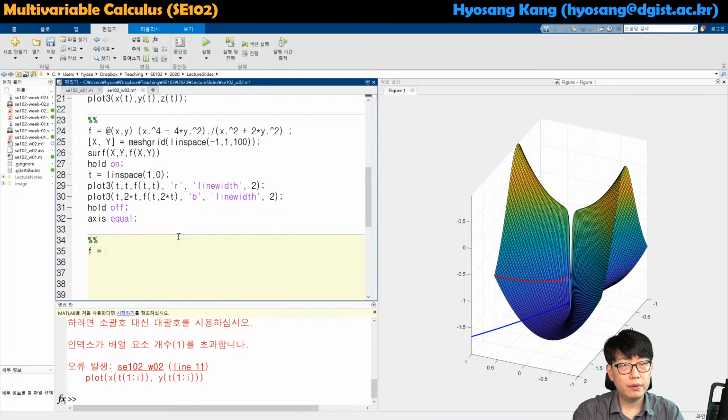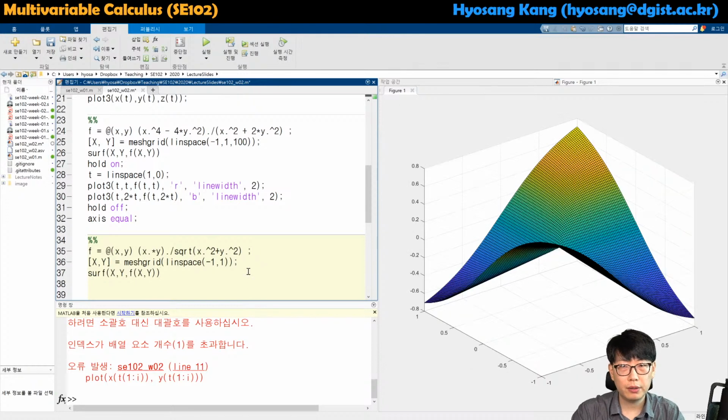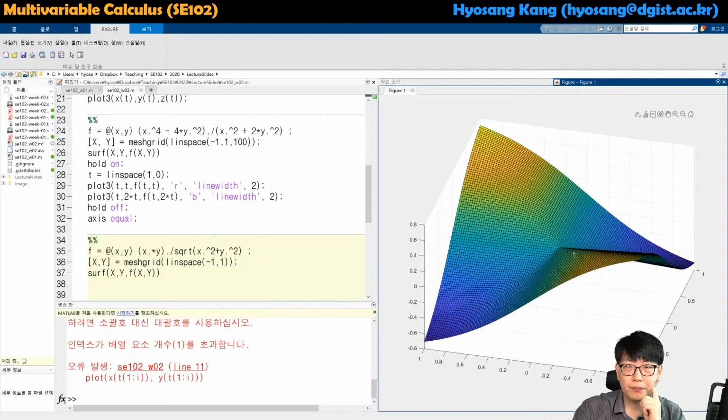So f is x dot y divided by square root of x squared plus y squared, and [x,y] = meshgrid, then linspace -1, and surf(x,y,f(x,y)). So there is a highlight here, so something could be wrong. It disappeared. It's okay. So this is the picture.